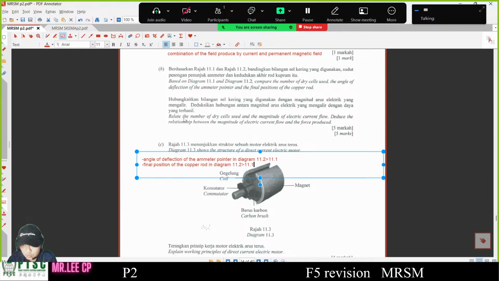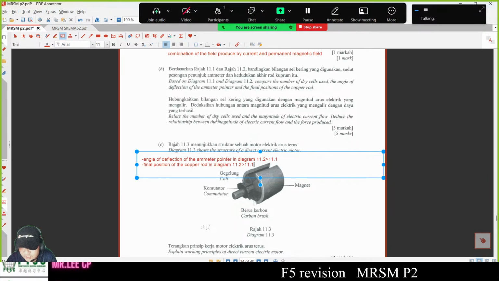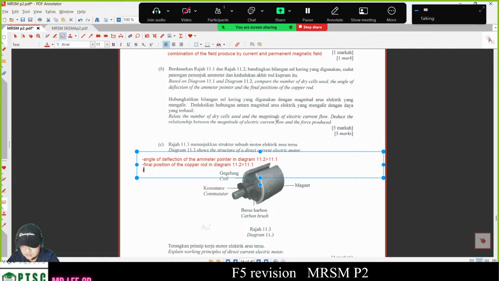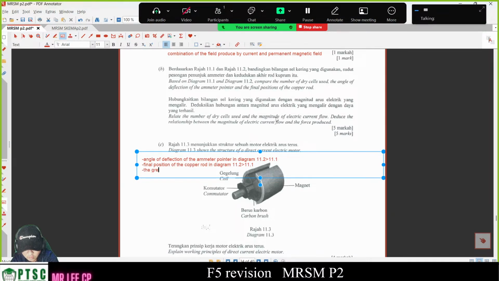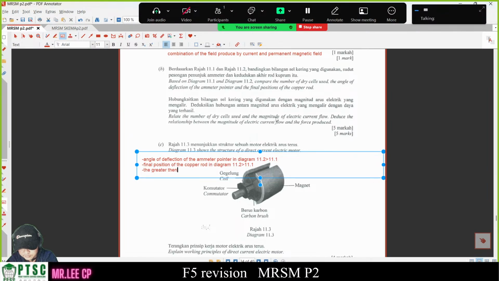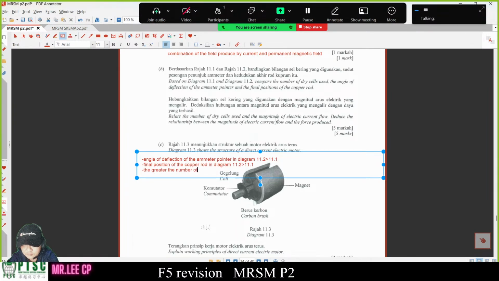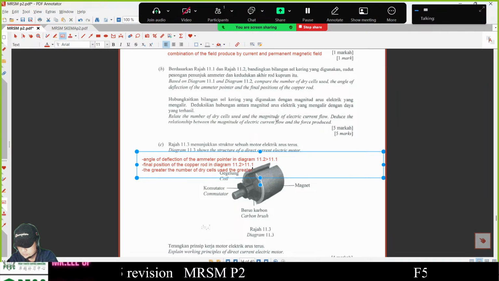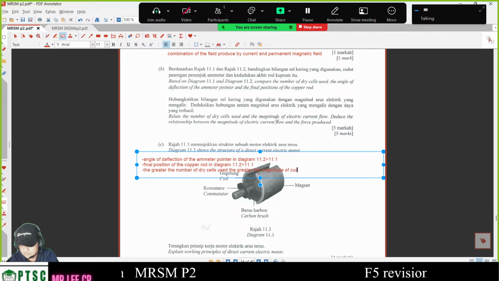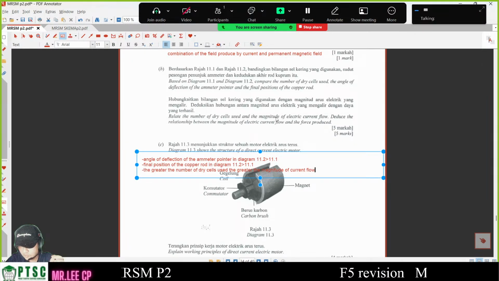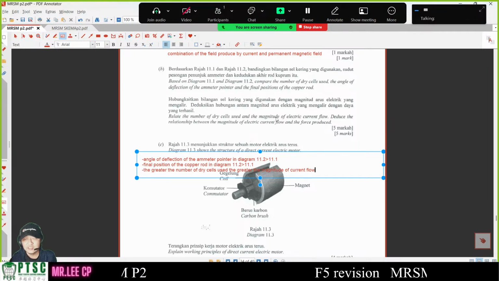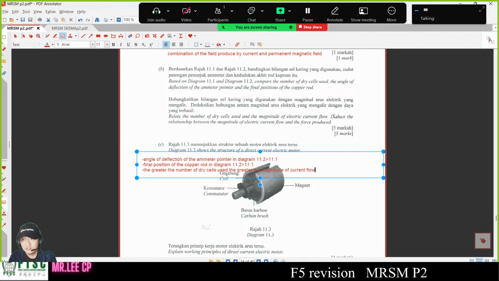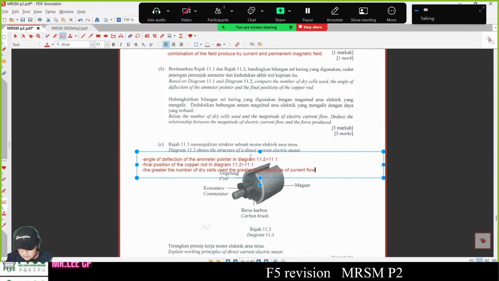Now relate. This one is 5 marks. Relate the number of dry cell used and the magnitude of current. Always use the word greater. The greater the number of dry cell, the greater the magnitude of the current. And then lastly, the 5th mark. Just now got 1 mark already, 2, 3, 4.